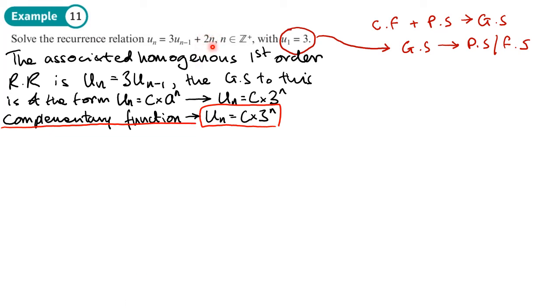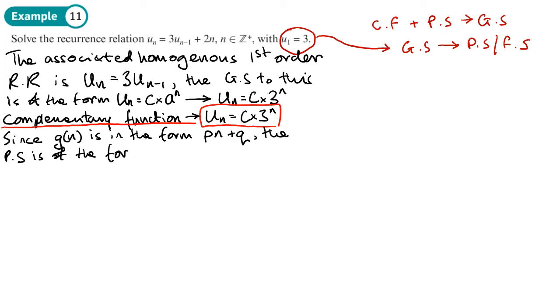So we need to look at the form of G(n), and that's of the form 2n or Pn plus Q. Since G(n) is in the form of a constant P times n plus Q, the particular solution, I'll just put PS, is of the form lambda n plus mu.